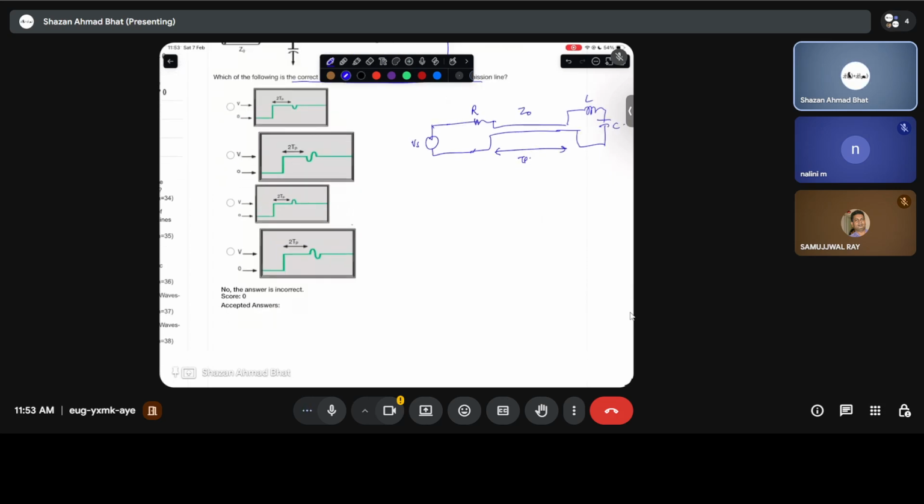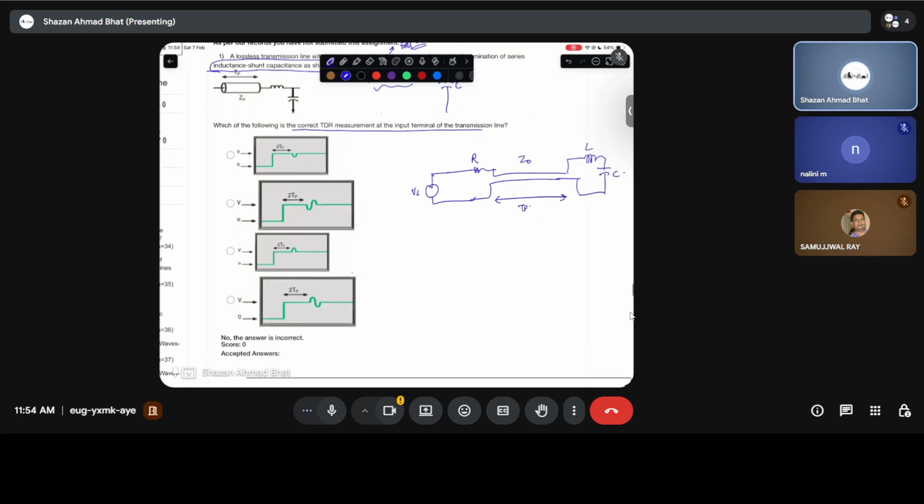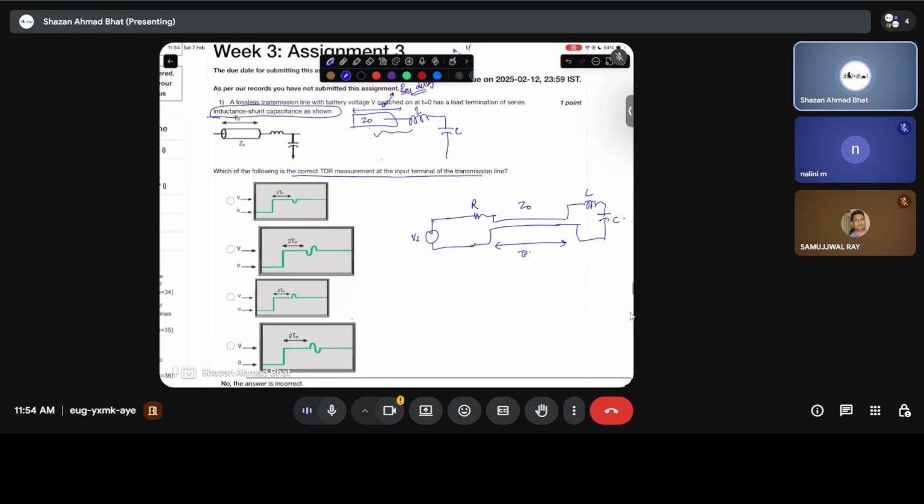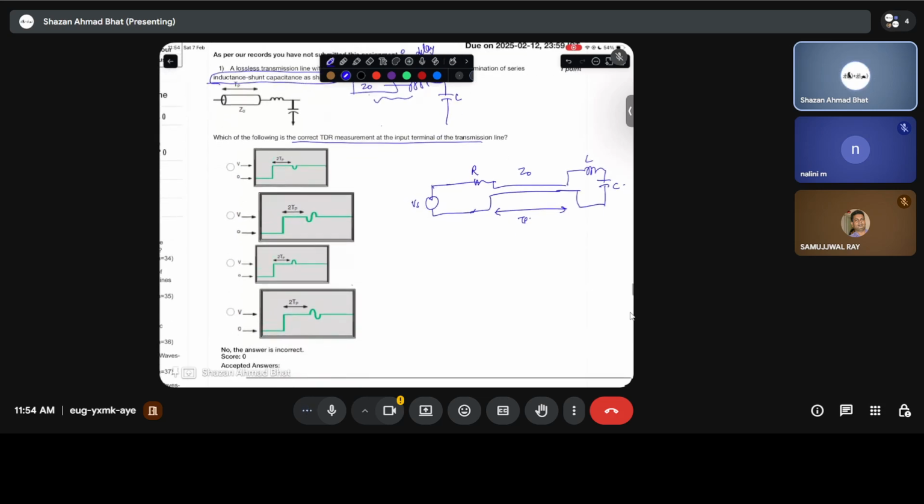That means which of the following is correct about the transmission line. So these are scenarios which show how a particular waveform will be.